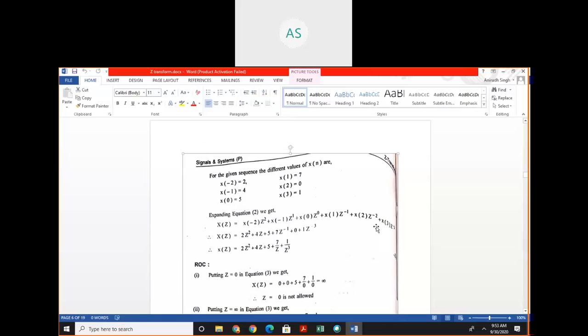And when n is minus 2 to 3, we get this equation. For different values of n, first we calculate the value of x of n, which is given in this. And expanding this summation, we get the expression.